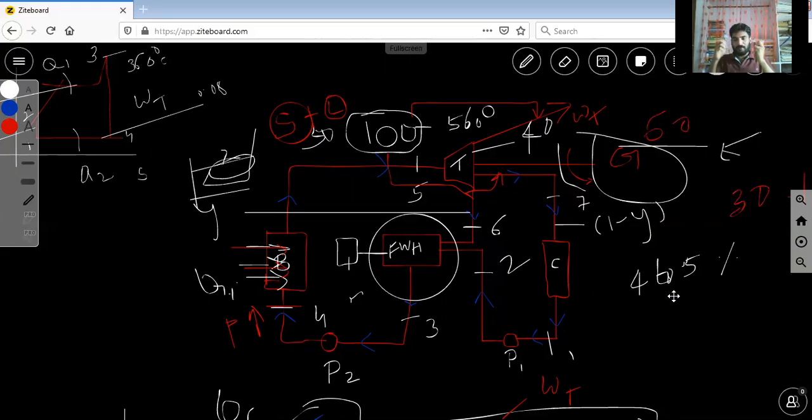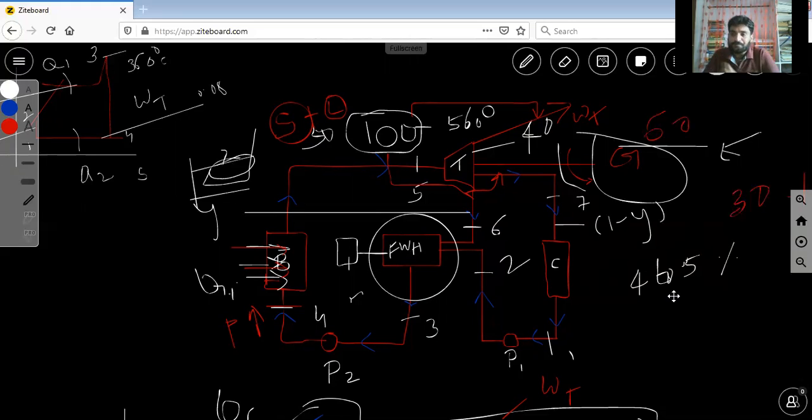What is the main advantage of the regenerative method, or of the feed water heater? One major advantage is that thermal efficiency improves by around 2% to 5%. This is a major modification and advantage of the regenerative method.